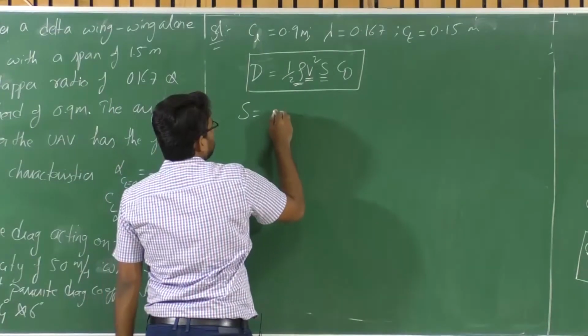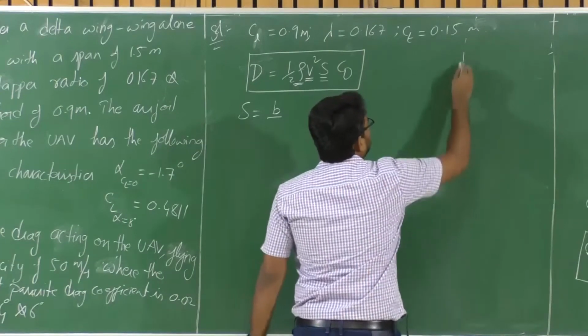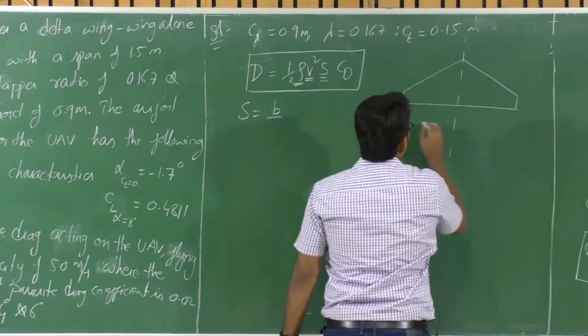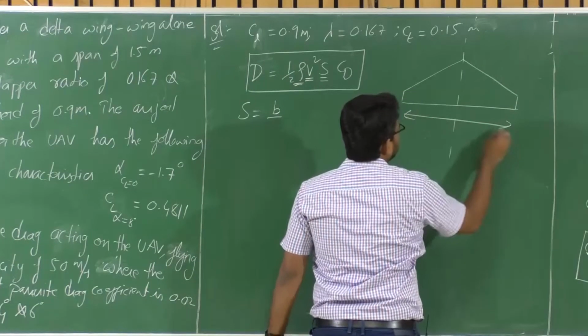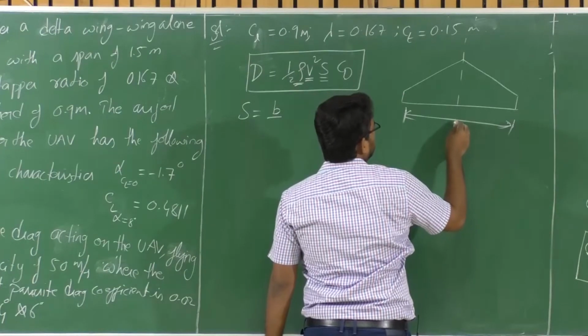What is S? This is a delta wing, right? So we know the span. By this time you must be comfortable after solving those 3 examples in our earlier lecture.